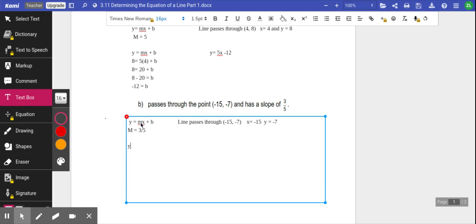Okay, so if we begin to sub these things in, we have y equals mx plus b, our y being negative 7, our slope being 3 over 5, times our x value, which is negative 15.